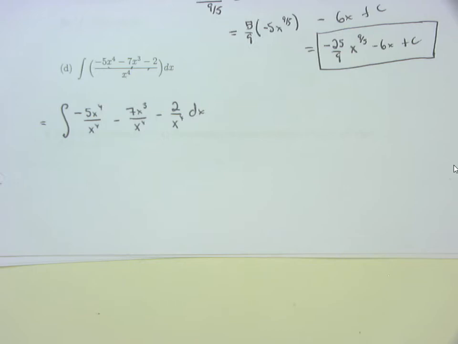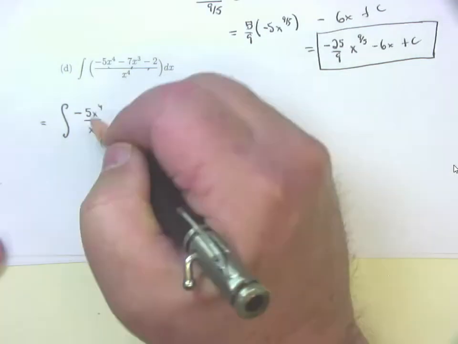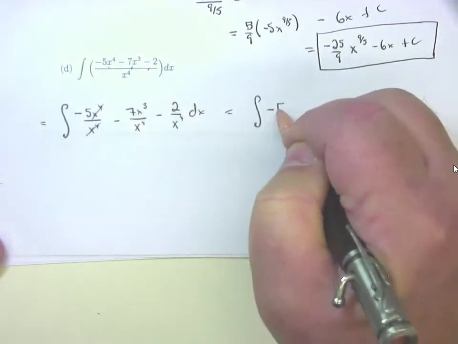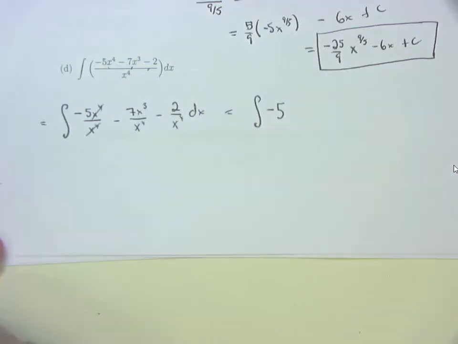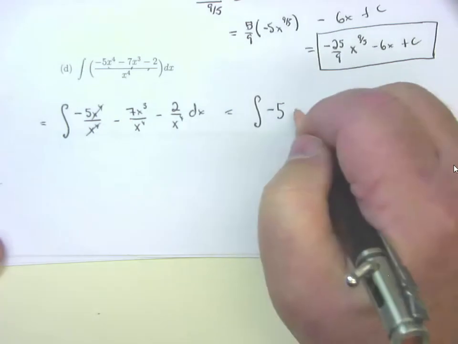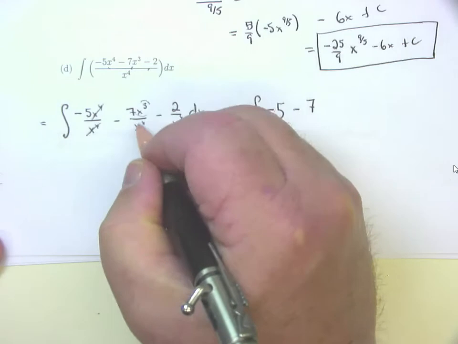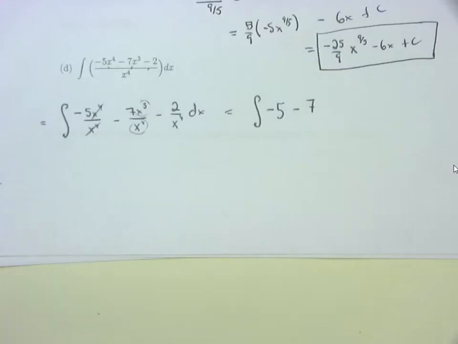Now, what's x to the 4th divided by x to the 4th on that first term? They cancel, and you're left with just the integral of negative 5. With me? Minus 7's a constant, leave it alone. What is x cubed divided by x to the 4th? You've got a lot of canceling going on here. X cubed divided by x to the 4th leaves you with what?